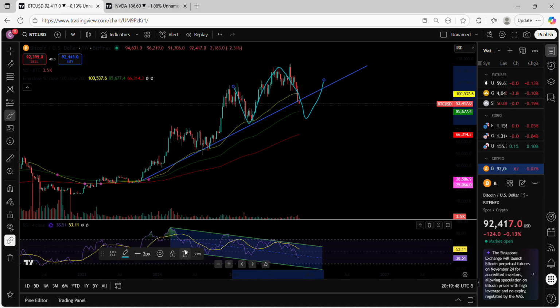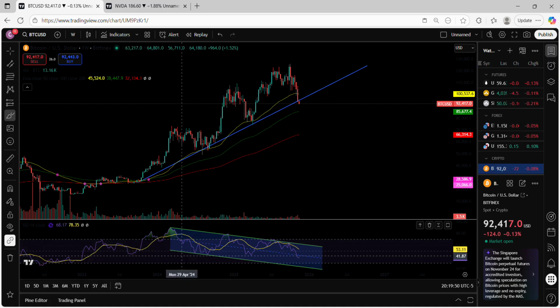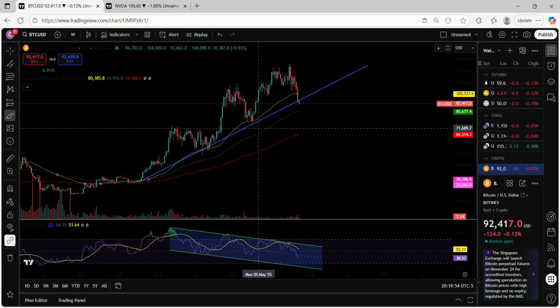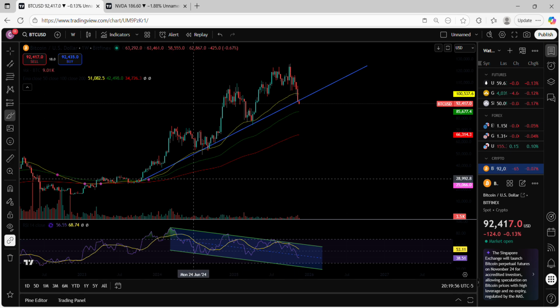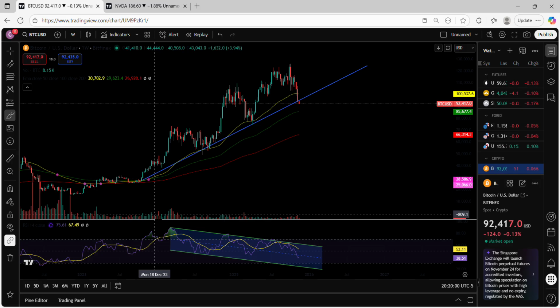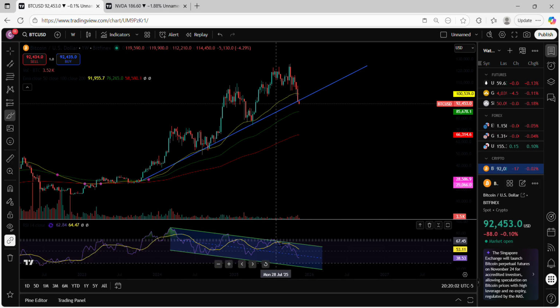And one other thing I noticed is this has been an uptrending chart for an extended period of time. However, the RSI, and this is a weekly chart, has been in a downtrend over an extended period of time. That's a little unusual. It's generally called bearish divergence, when you have an increase in price but a decrease in the relative strength index.